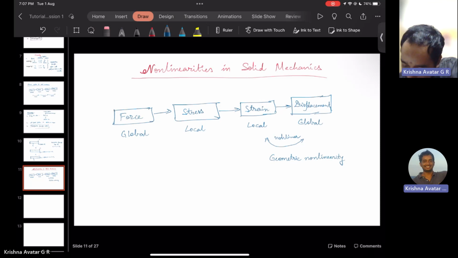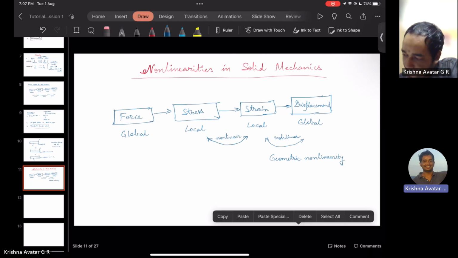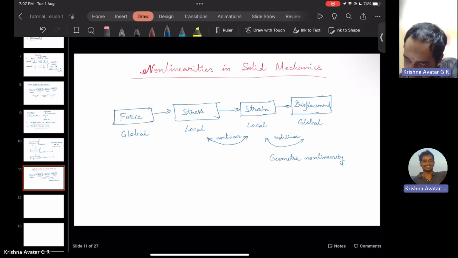Now, when the stress and strain are related non-linearly, then it is material non-linearity. Okay.